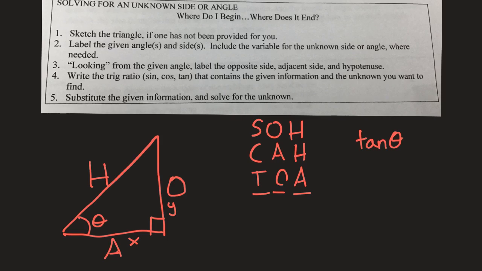And remember that the second two letters of SOHCAHTOA are the ratio. So for sine, we have opposite over hypotenuse, then adjacent over hypotenuse for cosine, and for TOA we have opposite over adjacent. So we have our opposite over our adjacent.